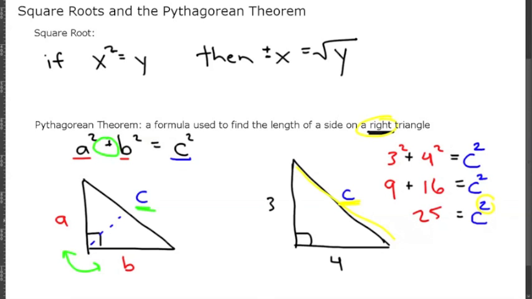And the square root of 25 equals c. And the square root of 25 is a positive 5 or a negative 5. But we can rule out the negative 5 because you cannot have a negative length when dealing with a triangle. Therefore, our answer is that 5 equals c. So this c becomes a 5.